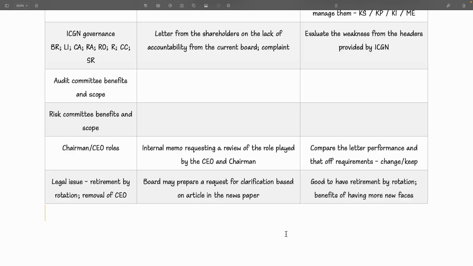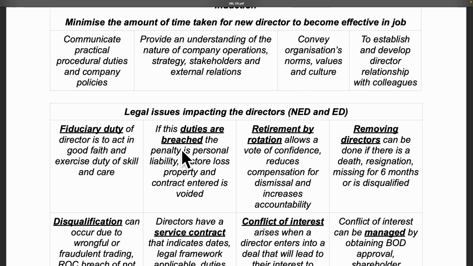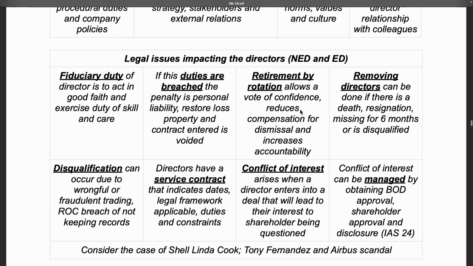The retirement by rotation might be a good idea to discuss in this question, because most of the directors are there for 20 years. Maybe it's time to retire them by rotation. That's this part over here, retirement by rotation. I think that is kind of important. I think the other one is maybe fiduciary duties, but I think the rest of it are so.